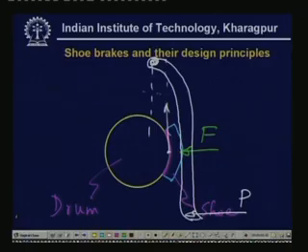So, let us consider that it does not pass through the fulcrum point, and there is an offset E between the two lines as I have drawn here. So, if you look carefully into or study the free body diagram of this lever, what we can see is the following thing.